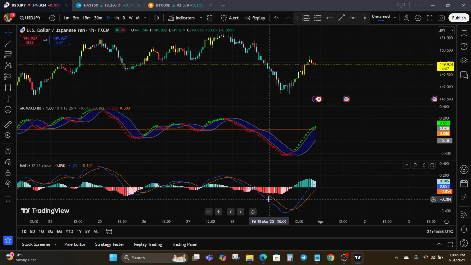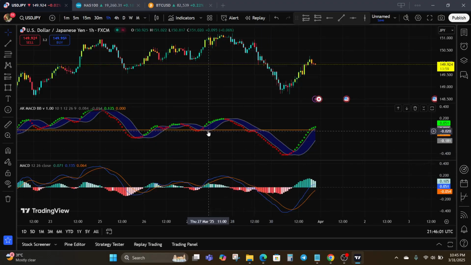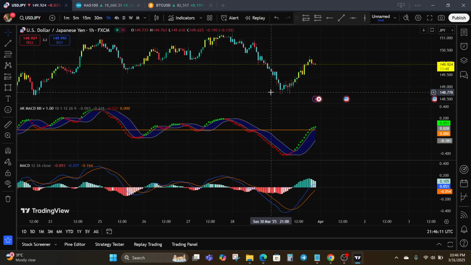So it's great for confirming trends though, but without additional filters, it can generate false signals. So that is where the AK MACD-BB indicator comes in. By incorporating Bollinger Bands, it filters out market noise and highlights only the strongest momentum shifts.